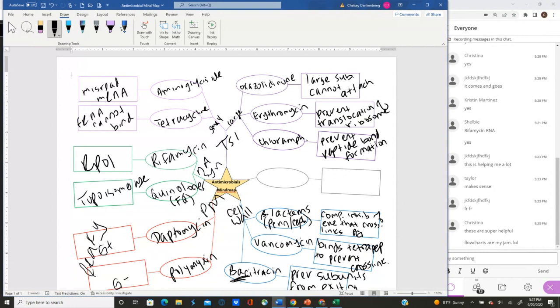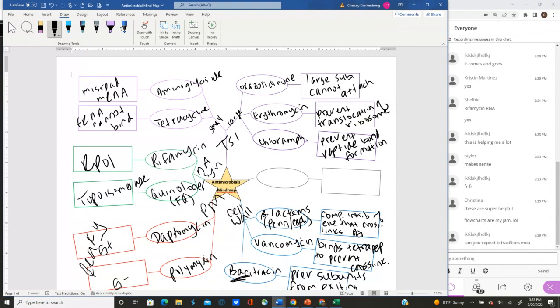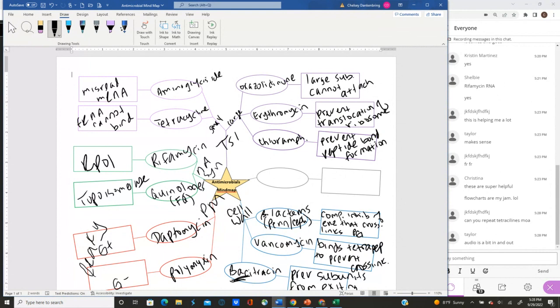So if transfer RNAs can't get to the ribosome, they can't drop off amino acids, so the protein can't be built. Huge problemo. Okay. So for tetracyclines, tRNAs cannot bind, so they cannot drop off the amino acids.